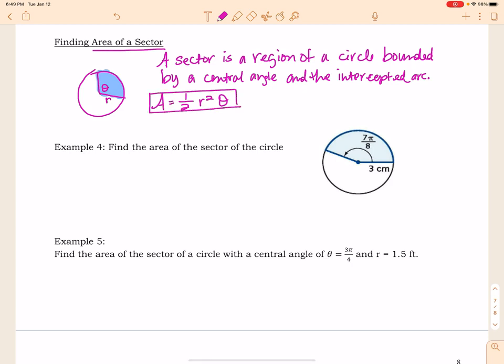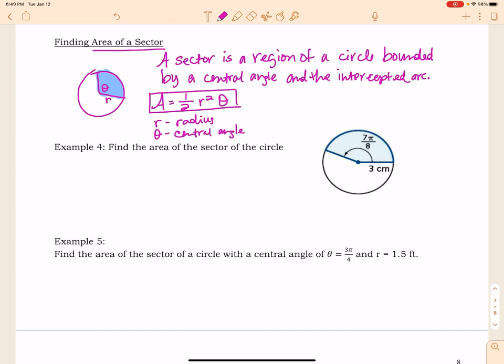Notice it's still going to square the radius, because that's how area is measured in square units. Keep in mind always that r is the radius and theta is the central angle, and remember that the central angle is just a portion of 360 degrees.